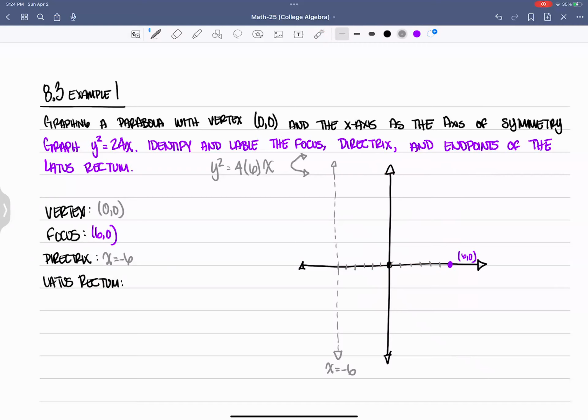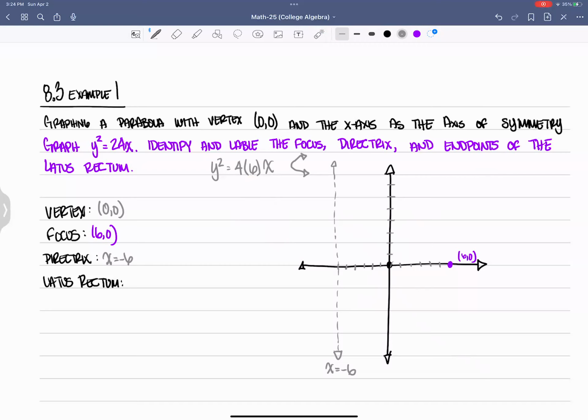So we go out p units in the up direction, or 2p units in the down direction. Since p is 6, 2p is going to be 12. So we're going out 12 units from our focus: 1, 2, 3, 4, 5, 6, 7, 8.